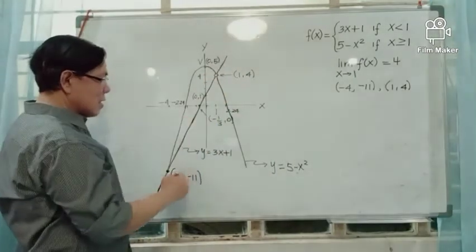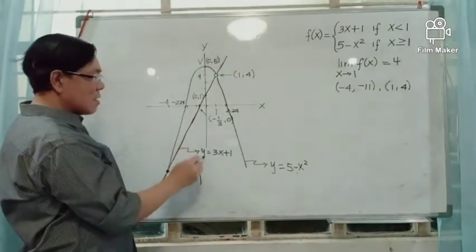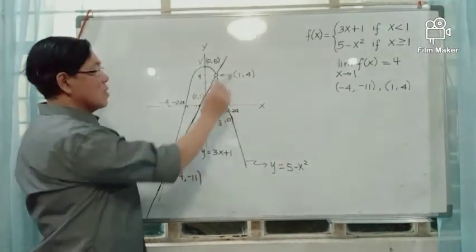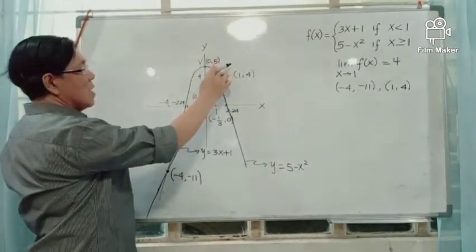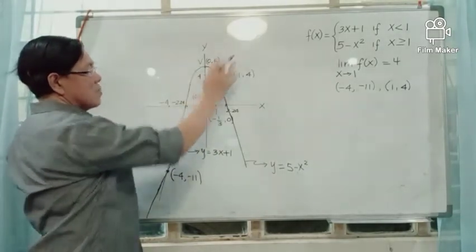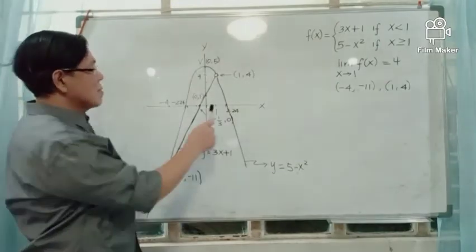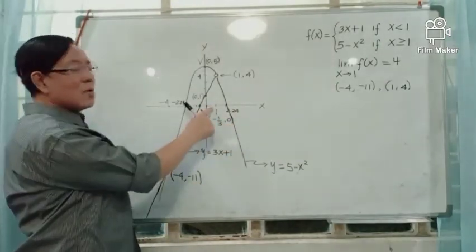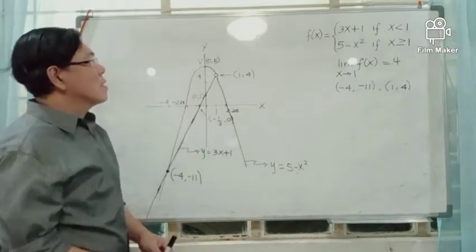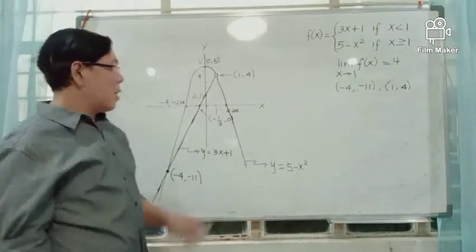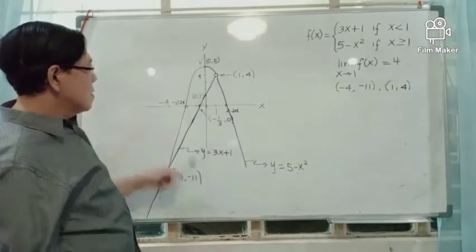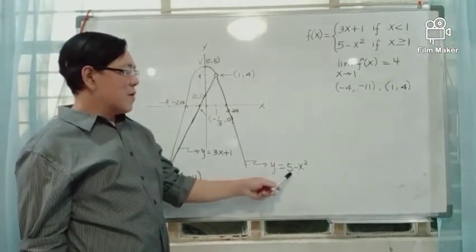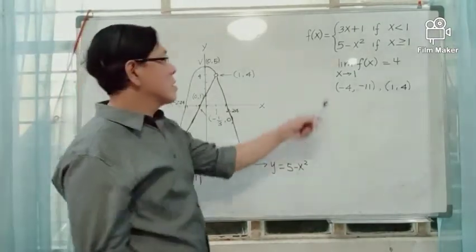So from the graph of this linear equation y equals 3x plus 1, we remove this part of the line because in this part of the line, the values of x are greater than 1. We do the same for the graph of the parabola with equation y equals 5 minus x squared.